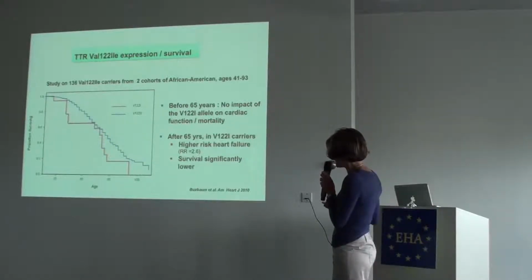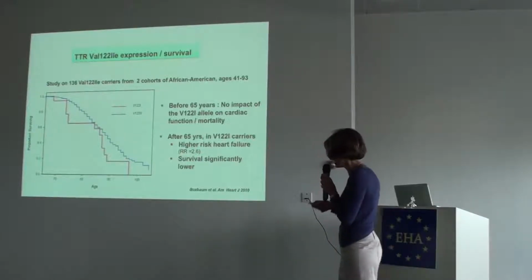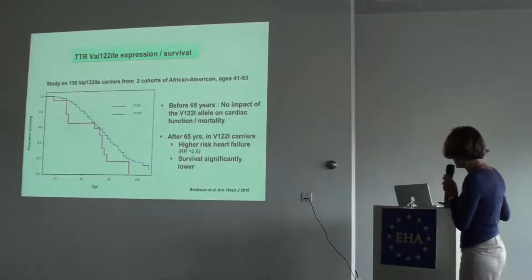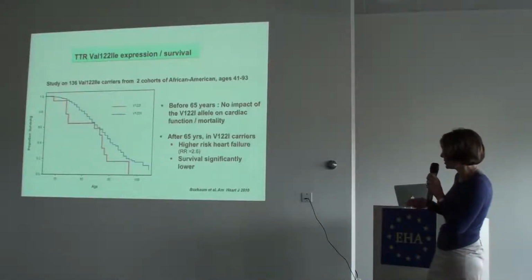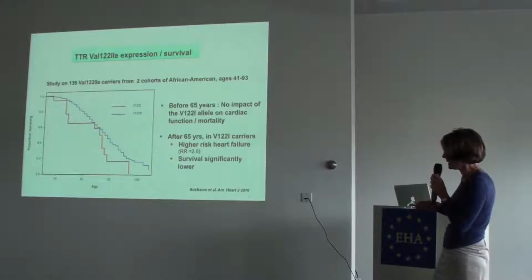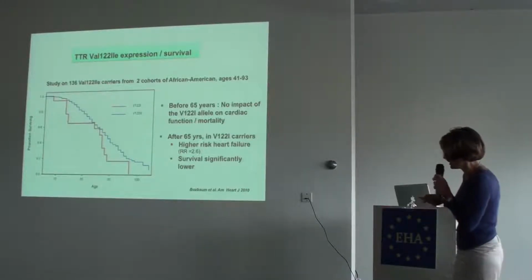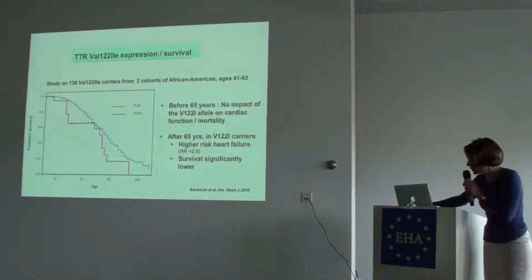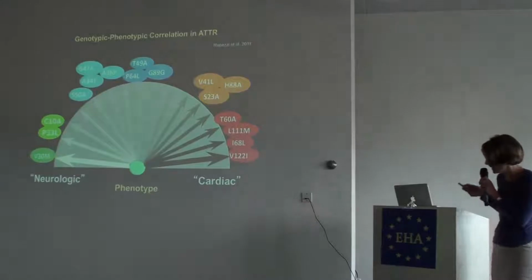Whereas the impact appears after the age of 65 years old, with a higher risk of heart failure, 2.6, and a significantly lower survival. So I think it's really convincing data for this particular mutation and for cardiac mutations in general, to document their late onset expression with a pure cardiac expression. So probably a combined role of aging.